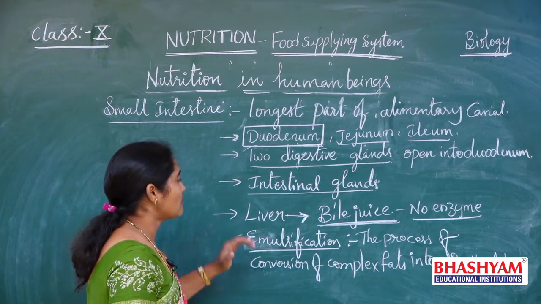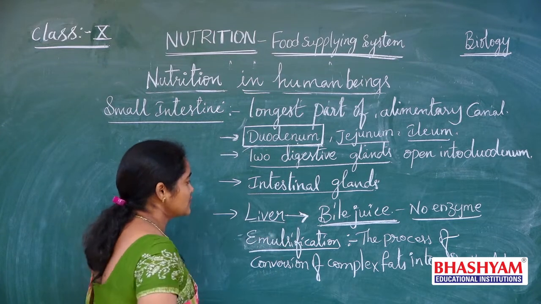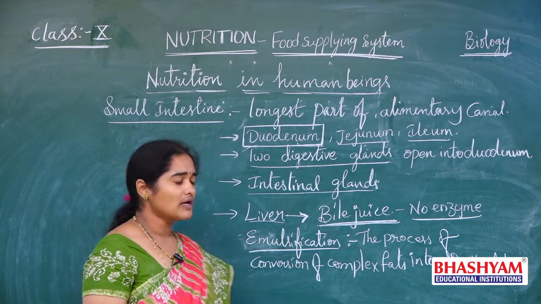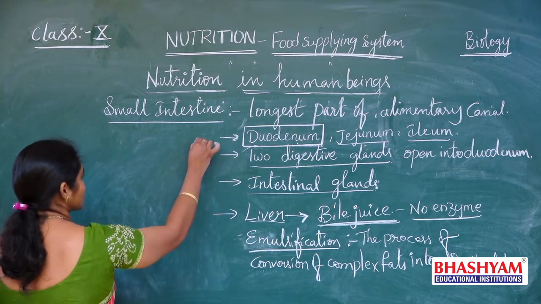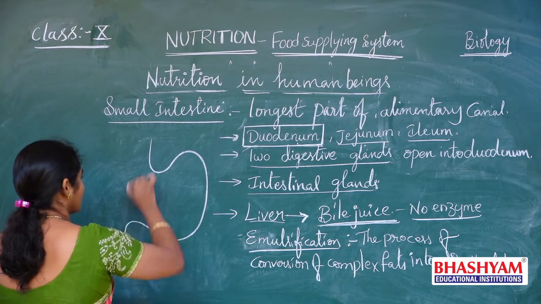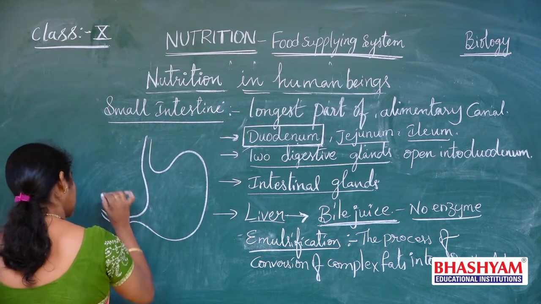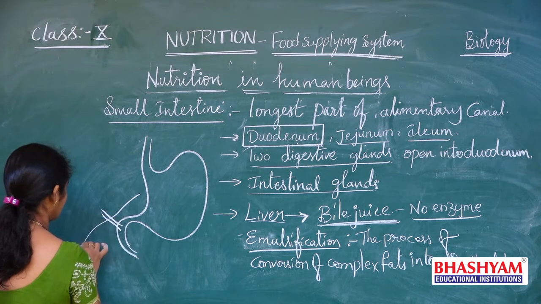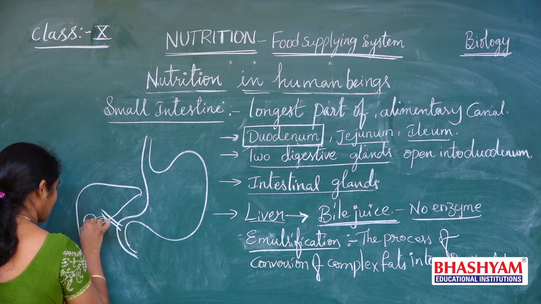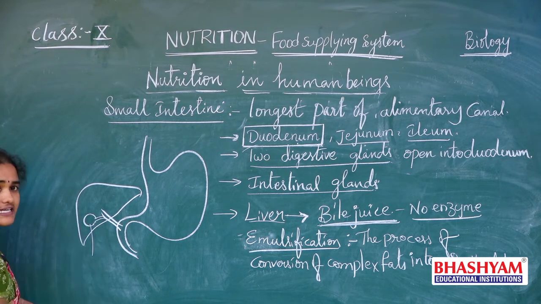This is about bile juice, which is produced by the liver. Generally the liver produces this bile juice and stores it in a small sac-like structure located near the liver. If you see the diagram of the liver, here we can see a small sac-like structure.